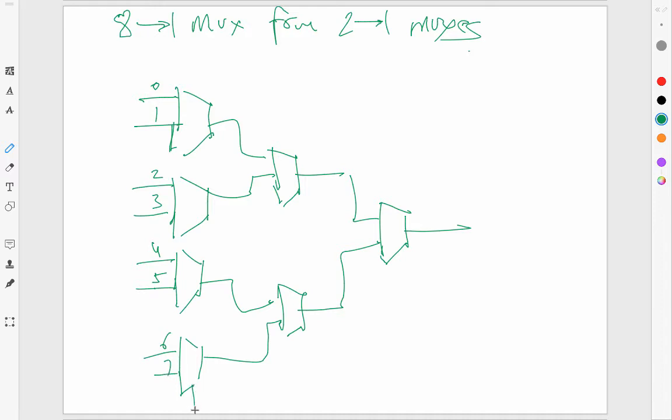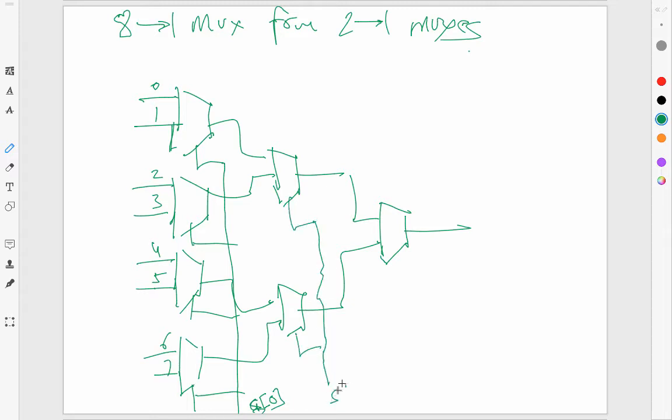These will all be tied to control select 0, and this one will be tied to select 1, and this one is going to be select 2. So select 2 is selecting which group of 4, and so on and so forth.